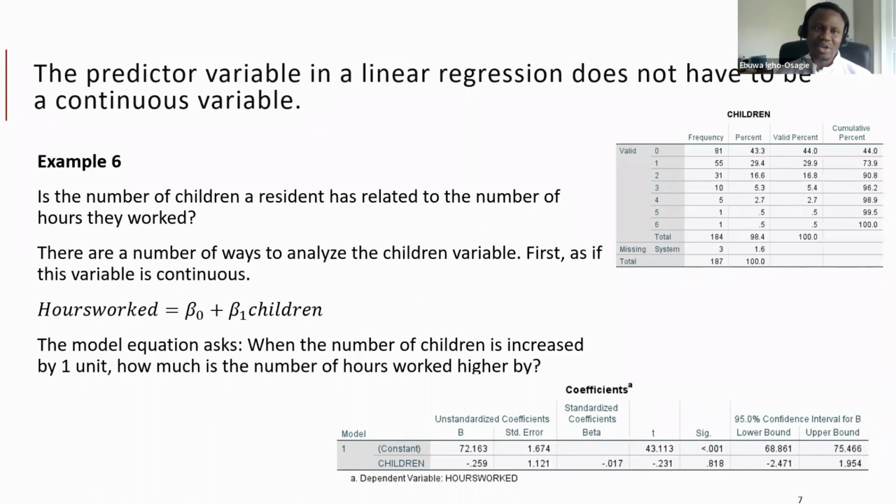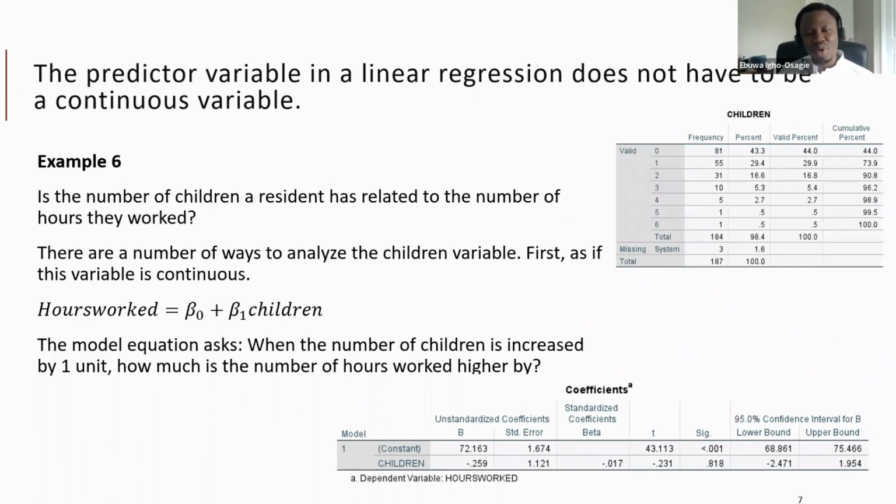Something I told you last week was that sometimes in statistics, we make a lot of assumptions. Someone would say, we can treat the number of children a person has as continuous, but it really is not continuous, because hopefully there's nobody that has 2.5 children. There's no one that has 2.1 children.